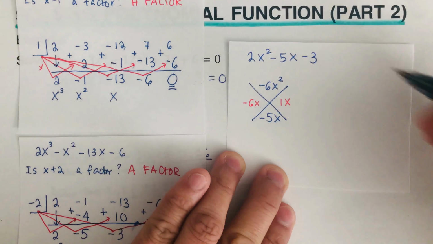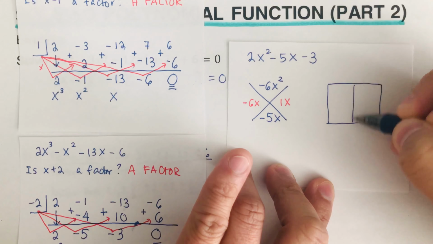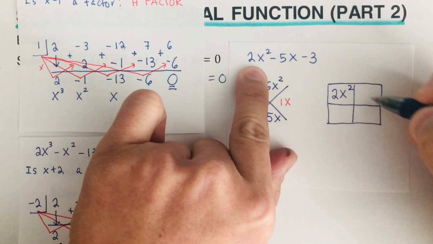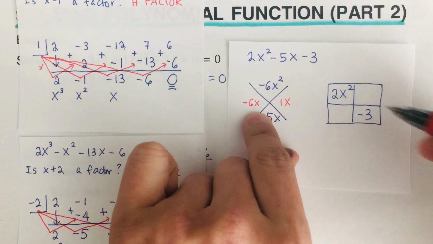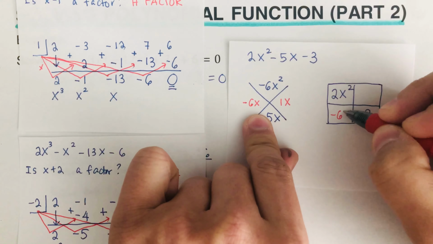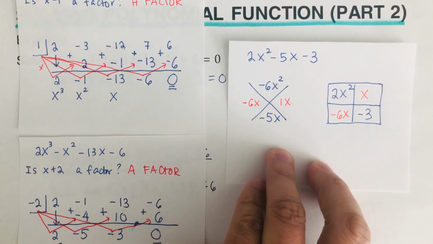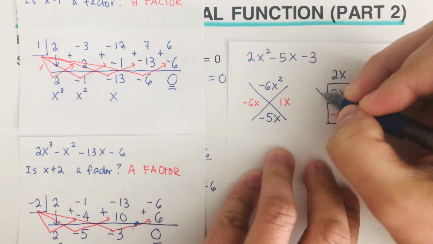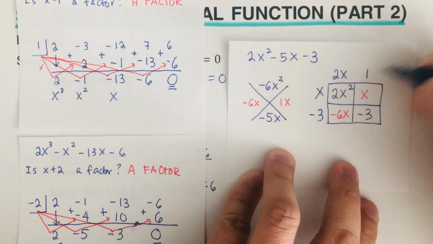And then we move on to the box. For the box, we write this one right here: 2x squared, then negative 3 here, and then the red factors that we got from the diamond, we write anywhere on this diagonal. So negative 6x and 1x, and I'll just write x for that. So we can write down 2x and then x here, then negative 3, and then positive 1.